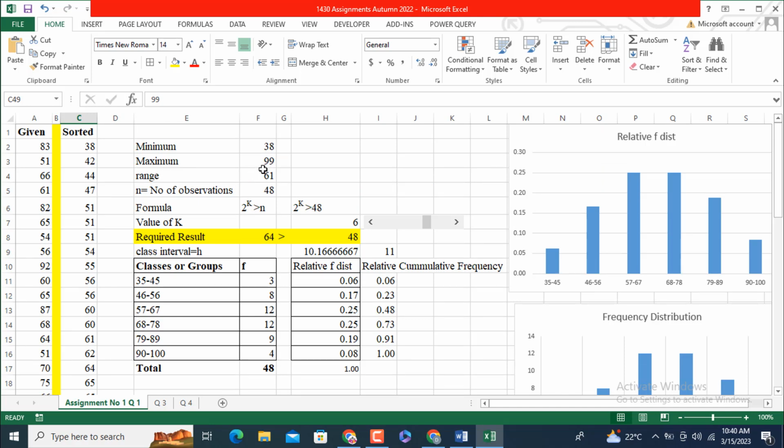Range is equal to maximum minus minimum, and 99 minus 38 is 61. The number of observations is 48. The formula is 2 raised to the power k is greater than n, where k is the number of classes and n is equal to 48.